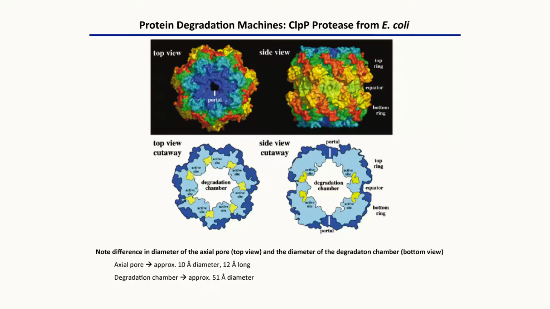And here's the cutaway view, so this hole is very small. If we look at the cutaway view, what we see is the degradation chamber here. Basically the 7 different serine protease active sites are shown here. This is a side view cutting through the middle, so we see that these serine protease active sites are down in this region here.